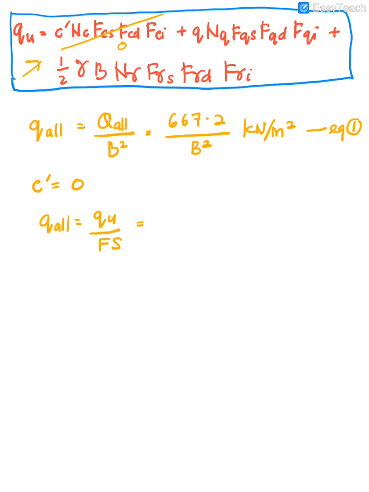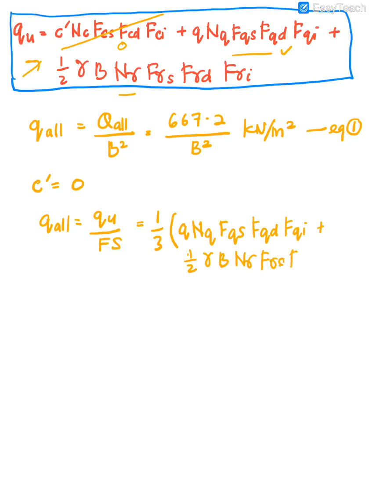Since the first term is 0, it is 1 over 3 times only the remaining two terms: q Nq Fqs Fqd Fqi plus half gamma B N gamma F gamma s F gamma d F gamma i.